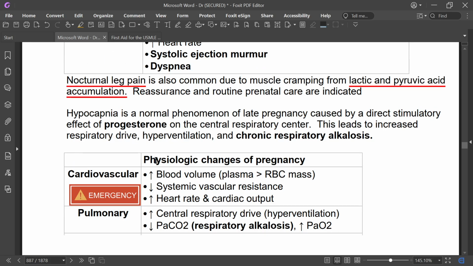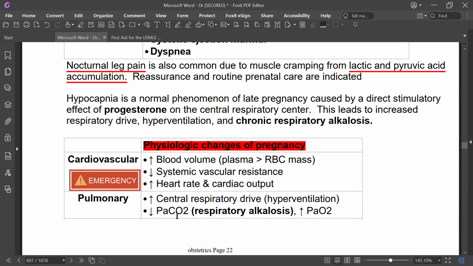Physiologic changes in the pregnancy. Cardiovascular: there may be increased blood volume, increased heart rate and cardiac output, and decreased systemic vascular resistance.